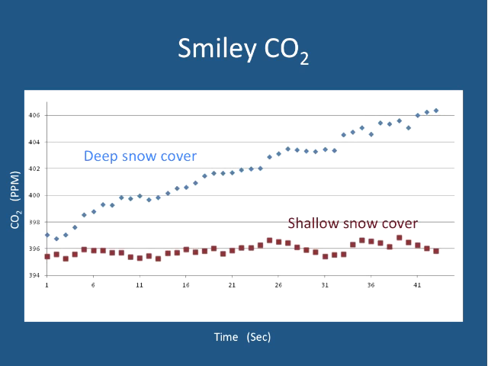If we're looking only at the winter operations, the tundra turns into a carbon source to the atmosphere because it is contributing carbon to the atmosphere. So we refer to that as a source. You can see the red line along the bottom are the smiley plots that are under shallow snow cover. So there's not a lot of snow on the top of them.